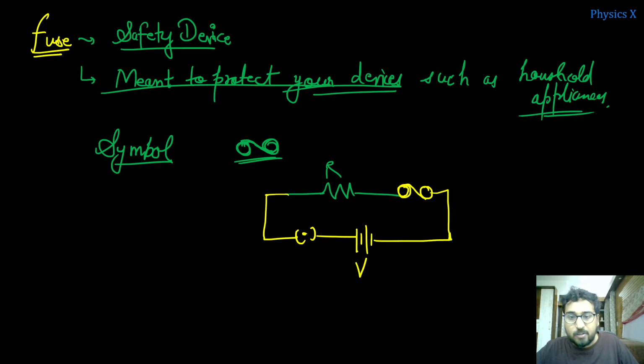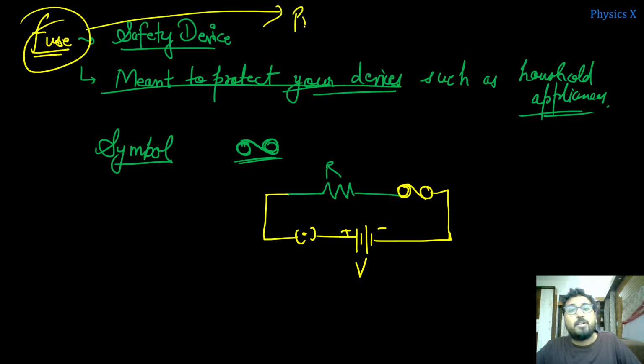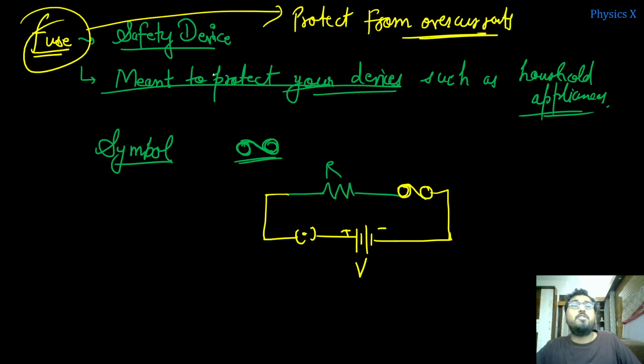Suppose this is a circuit. What will the safety device, the fuse, do? It will protect from overcurrents. Also you need to understand that its principle is based on Joule's heating effect.